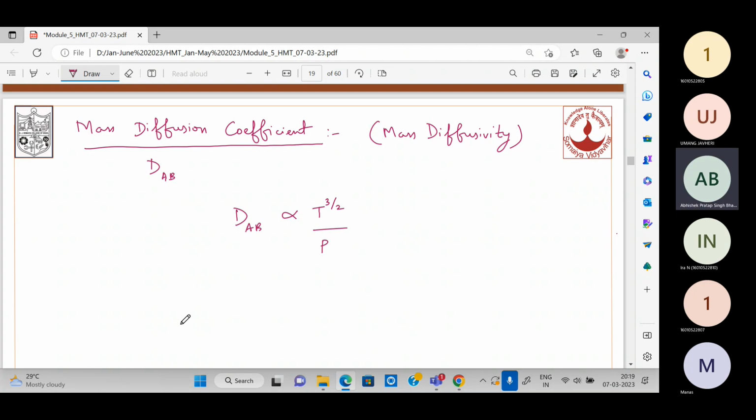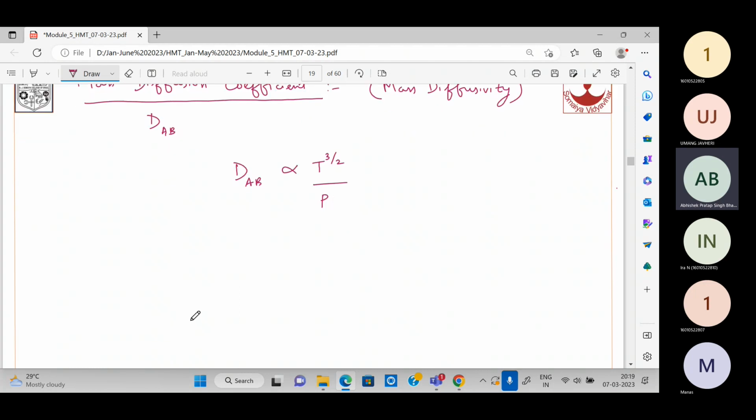So this binary diffusion coefficient at a specified temperature and pressure can be determined by an equation.